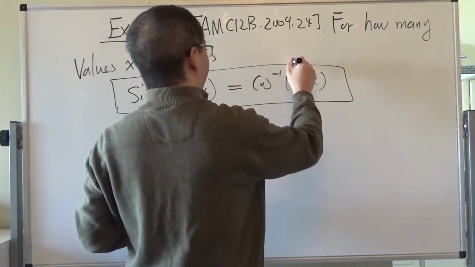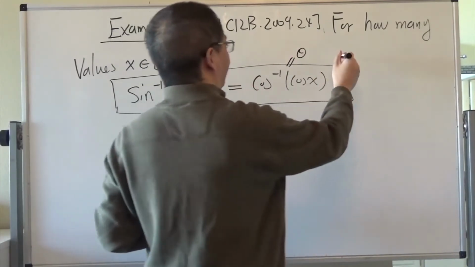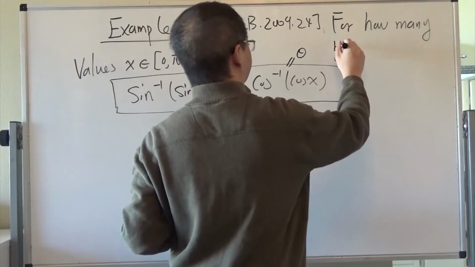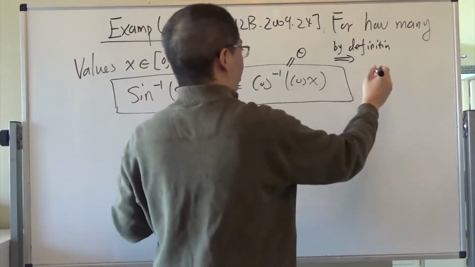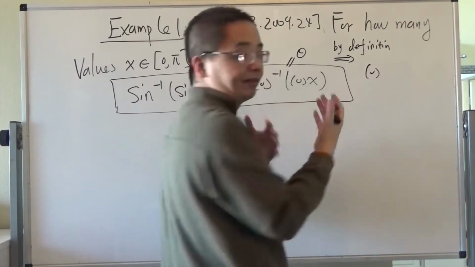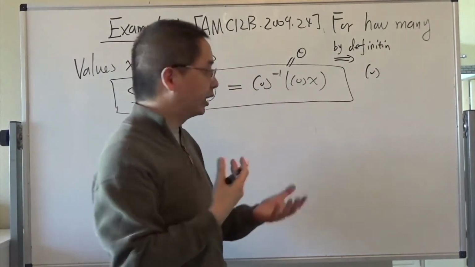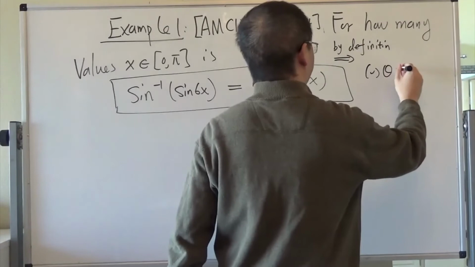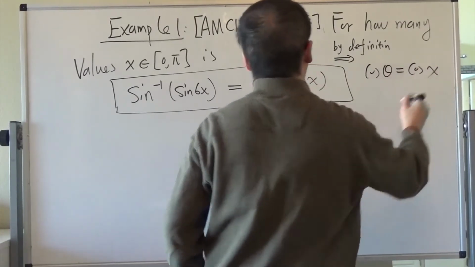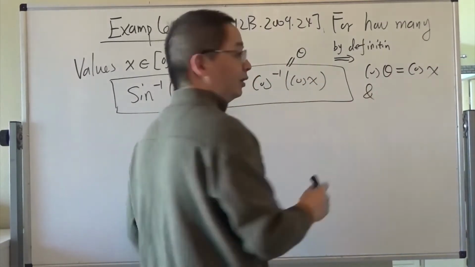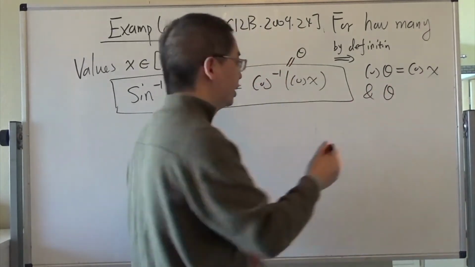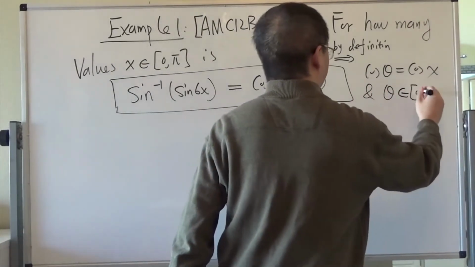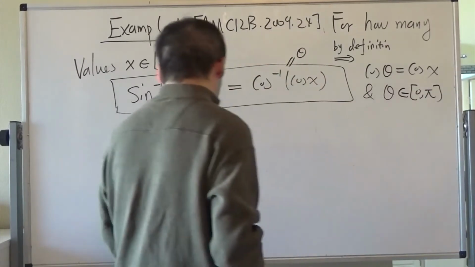If we say this one equals theta, then by the definition of arc cosine, we should have cosine theta equals cosine x, and we need the restriction that theta, the value of cosine inverse, has to be between 0 and pi.